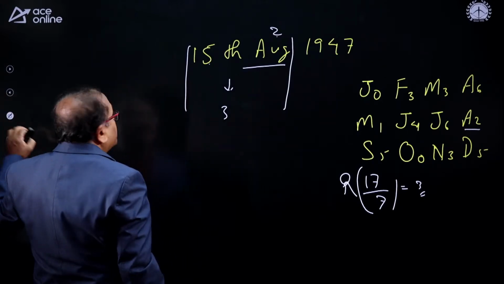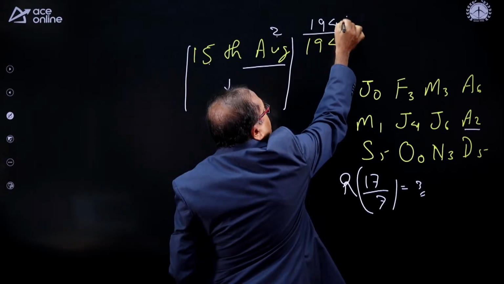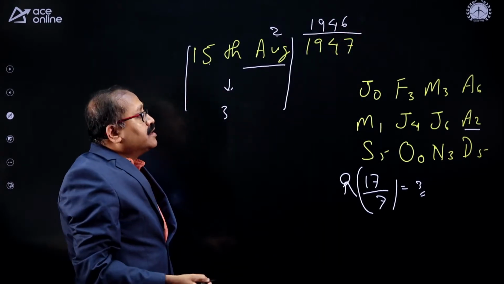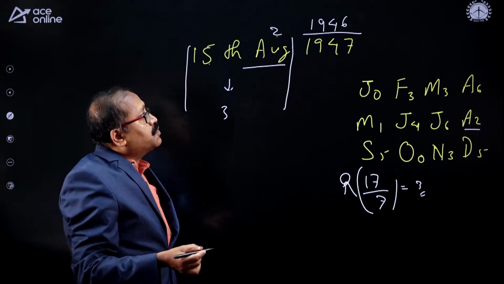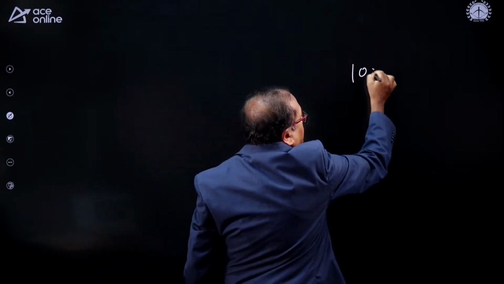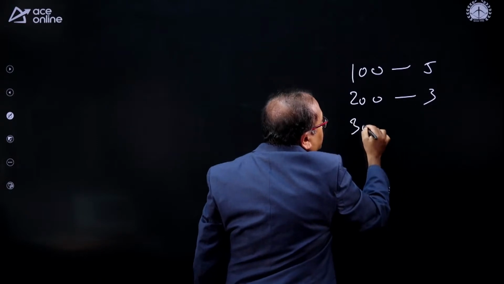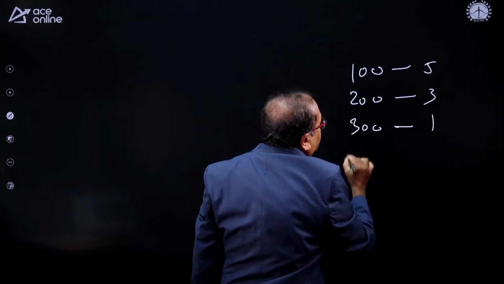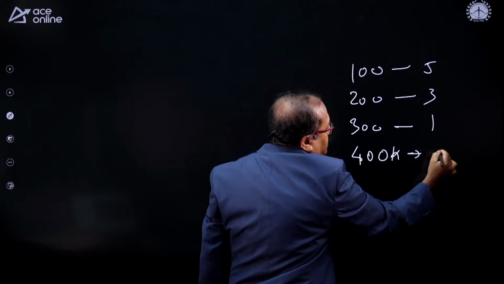And then for the year, I have to find out the odd days for 1946. So how do I get the 1946 odd days? For that you are expected to know some very small facts. Every 100 years have 5 odd days, 200 years have 3 odd days, 300 years have 1 odd day, and 400 years and multiples of 400 years have 0 odd days.